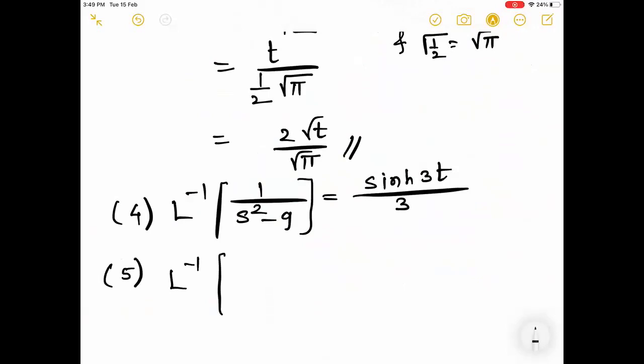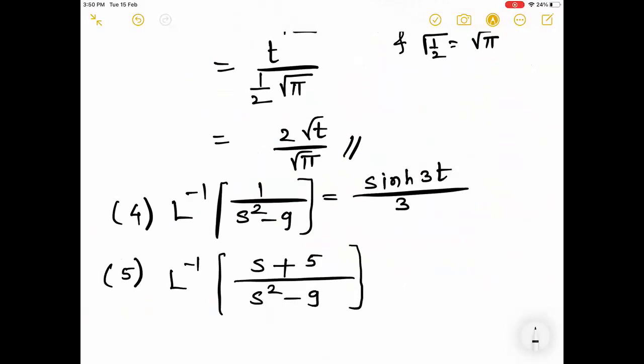Similarly, if I have this one, s plus 5 upon s square minus 9. Suppose this is the example.